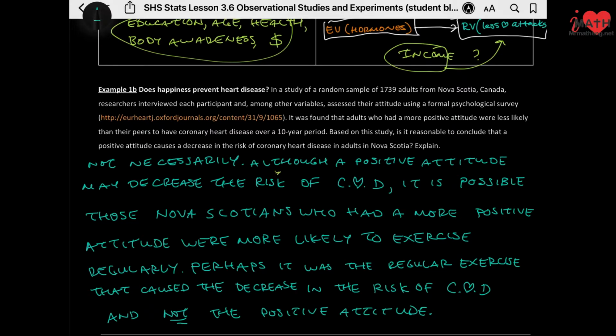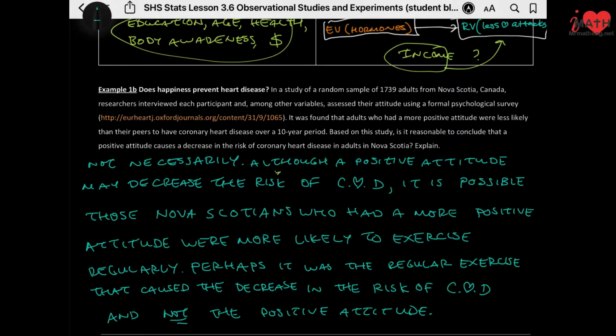Explain. Not necessarily. Although a positive attitude may decrease the risk of coronary heart disease, it is possible that those Nova Scotians who had a more positive attitude were more likely to exercise regularly. Perhaps it was the regular exercise that caused a decrease in the risk of coronary heart disease and not the positive attitude. Again, you're going to need to use your critical thinking.